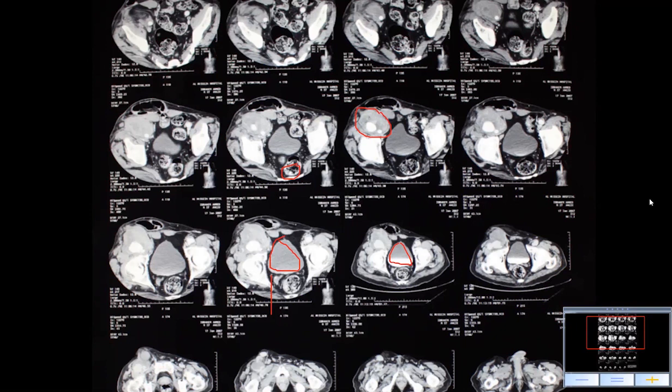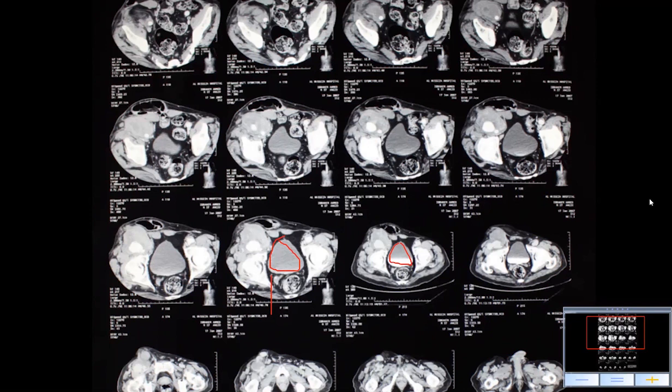Which artery are we talking about? The aneurysm is on the right. Is it the common iliac?